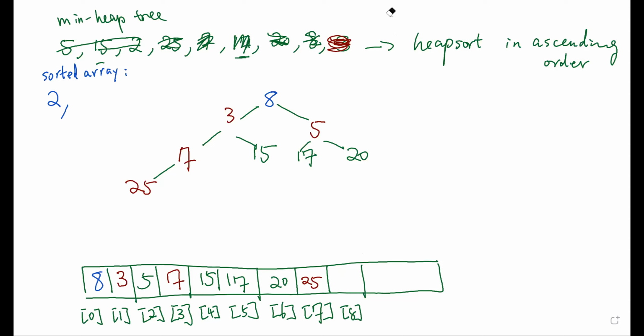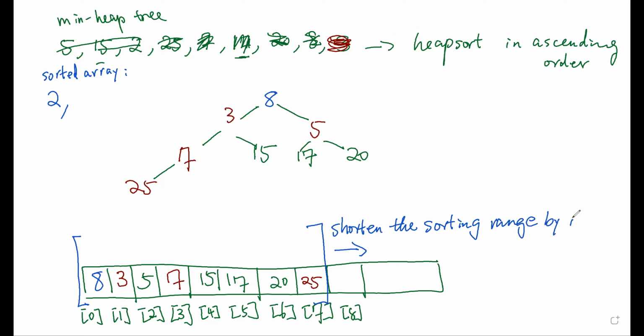So basically right now, what you need to worry about is from the very beginning to 25. This one, you don't need to worry about. So we shorten the sorting range by 1.